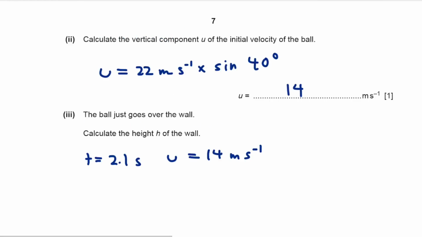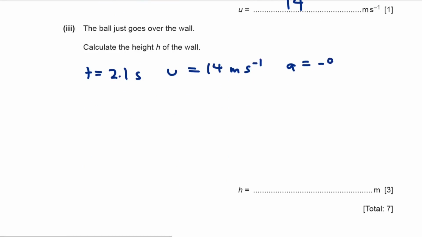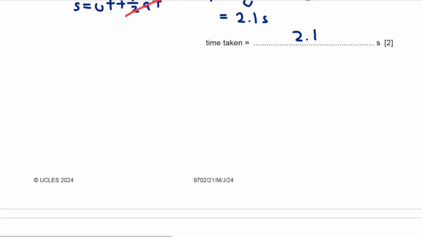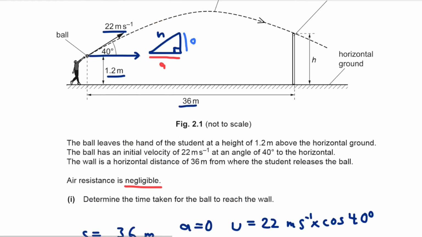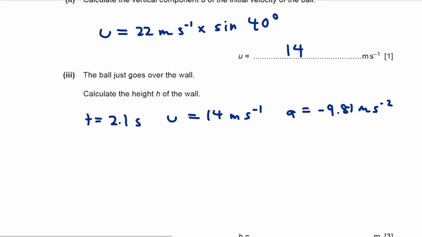And we know that the acceleration is going to equal negative 9.81 meters per second squared because it's gravity. And it's negative because gravity is going to be acting downwards on the ball. It's going to accelerate it downwards.